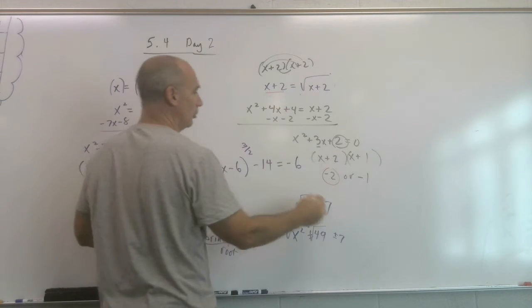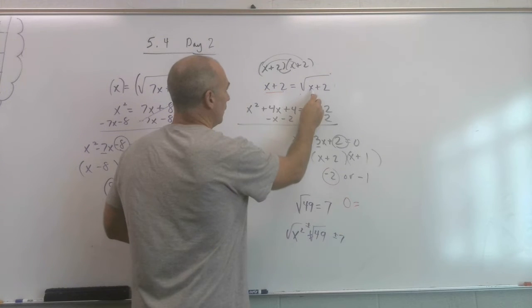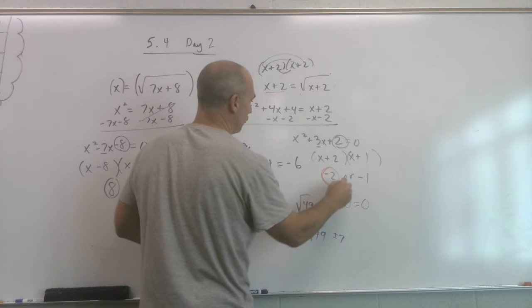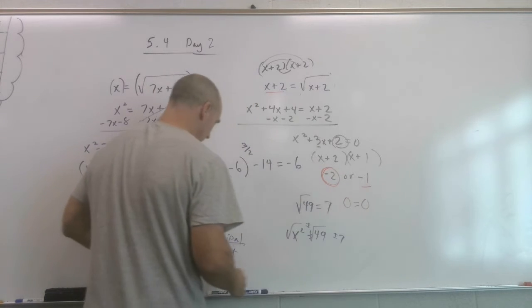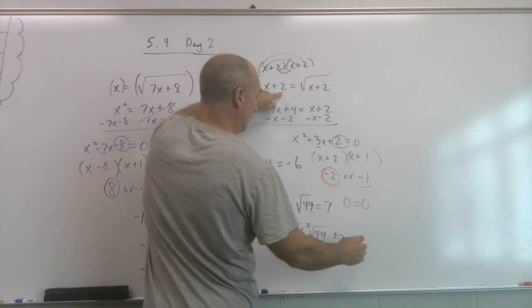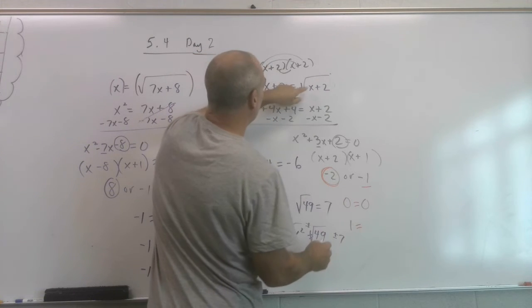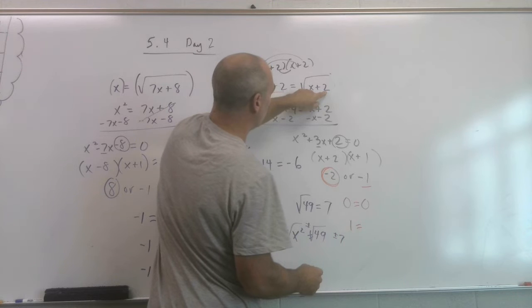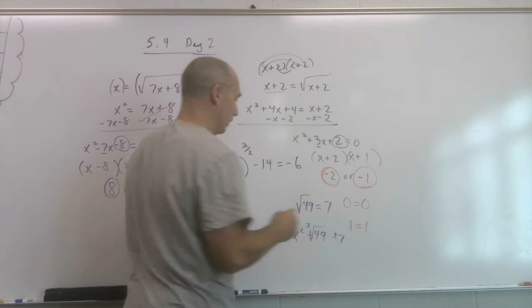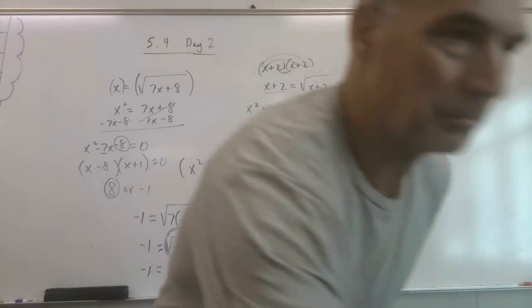Negative 2 plus 2 is 0, and the square root of 0 is 0. That's a fact, Jack. So now let's plug in negative 1. Negative 1 plus 2 is 1. The square root of 1 is 1. Both of these work. Okay, let me pause that.